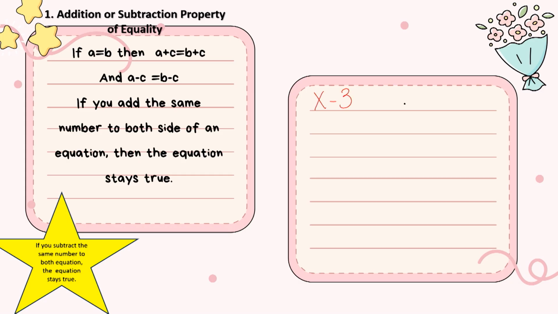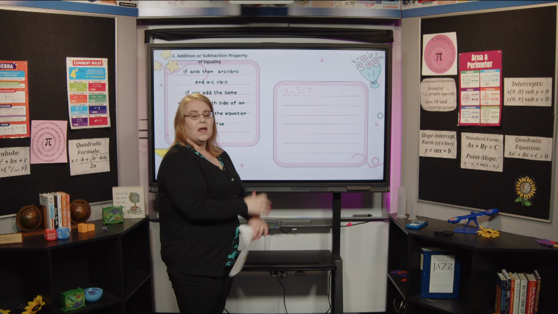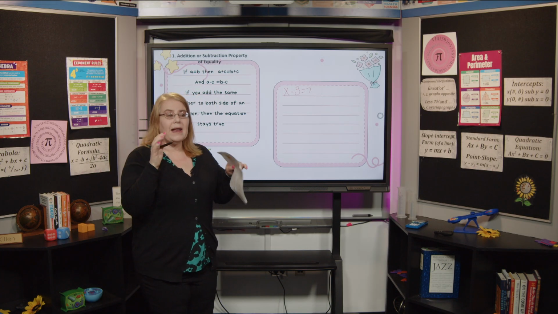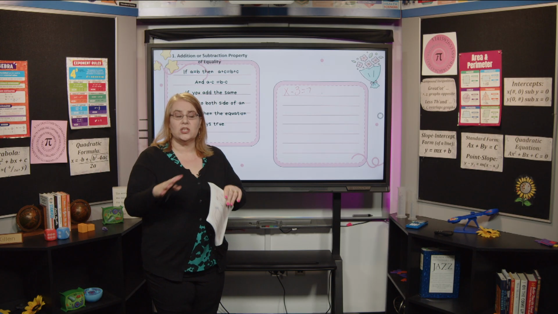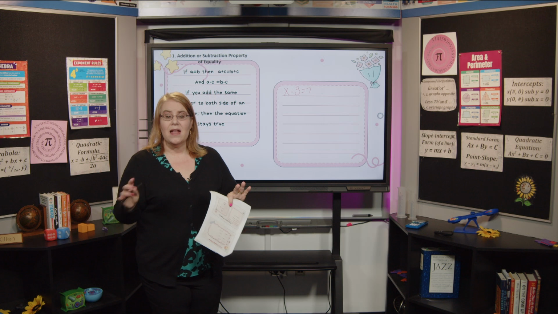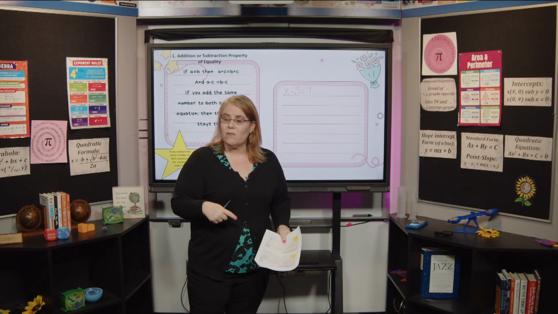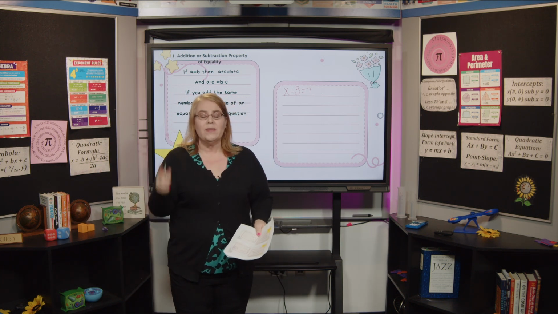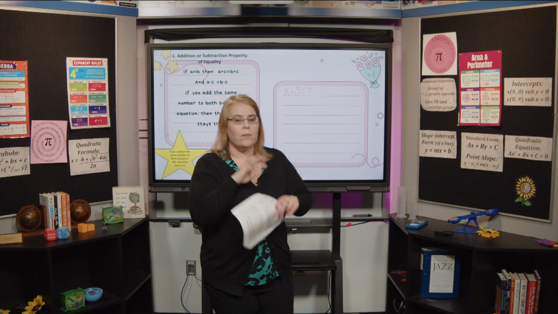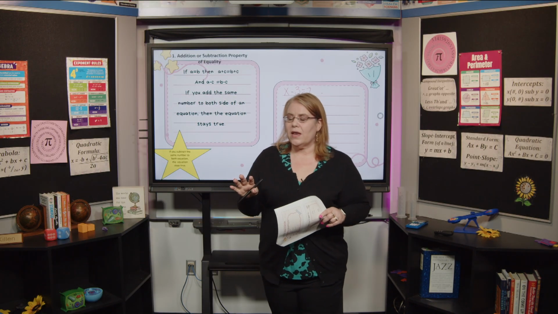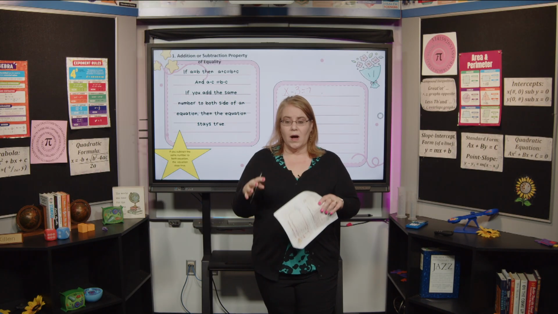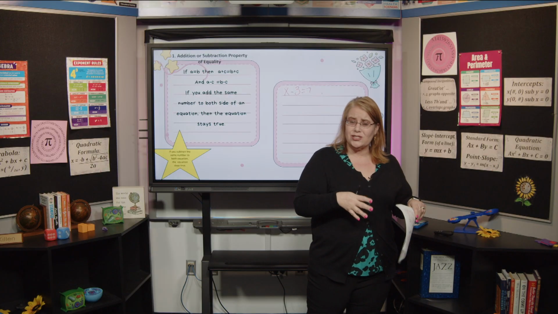So if I had this equation and I want to get x by itself, I have to keep this equation equal at all times. That means whatever I do to one side of my equation, I have to do to the other side. Think about it like this. If you have a brand new vehicle and you're going to go out into the yard and wash it, are you just going to wash the passenger side?